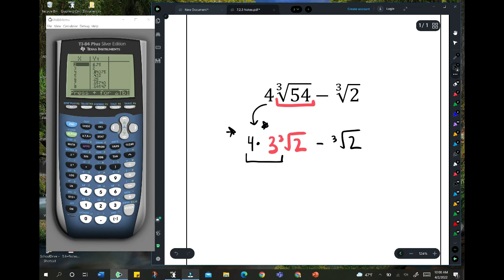Now, here is the kicker, okay? You are multiplying these together. 4 times 3. Sometimes students want to add. Sometimes they want to do something else. It's 12 total roots of 2. Okay, so then minus the root of 2, which then becomes 11 cubic roots of 2.